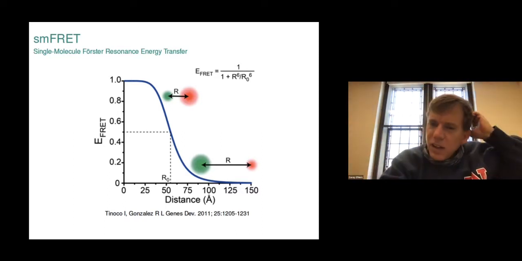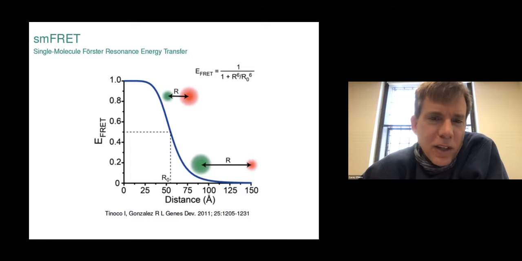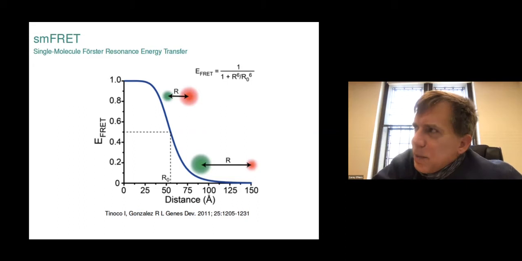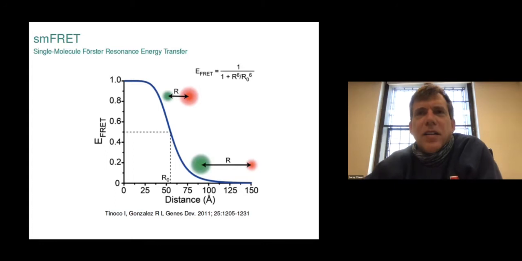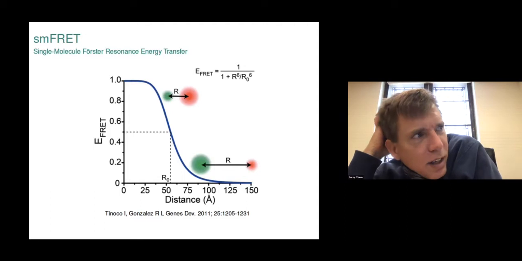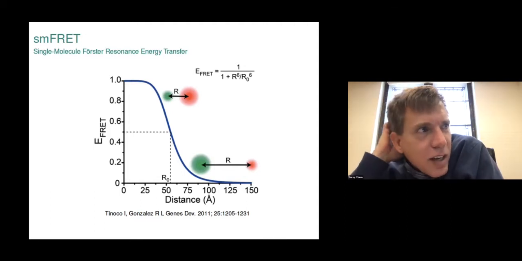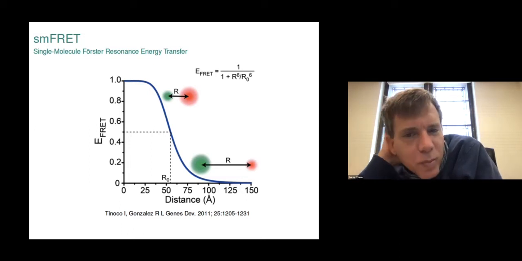One is a donor, which will be excited to emit a photon, for example in the green part of the spectrum. And then if the other fluorophore is close to that residue, it will accept that photon, be excited, and emit a separate photon in the red part of the spectrum.